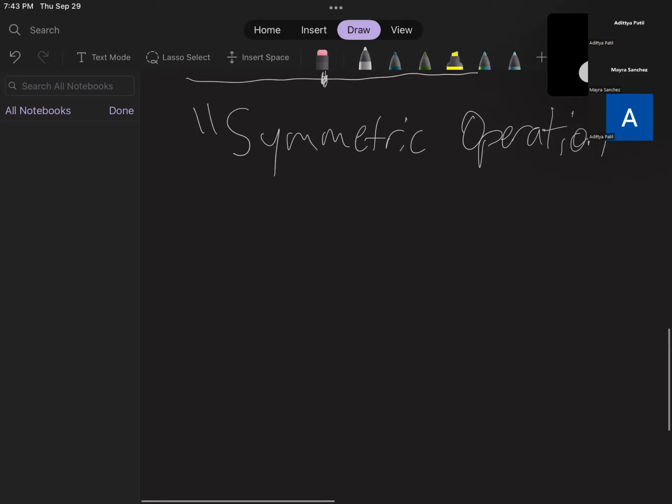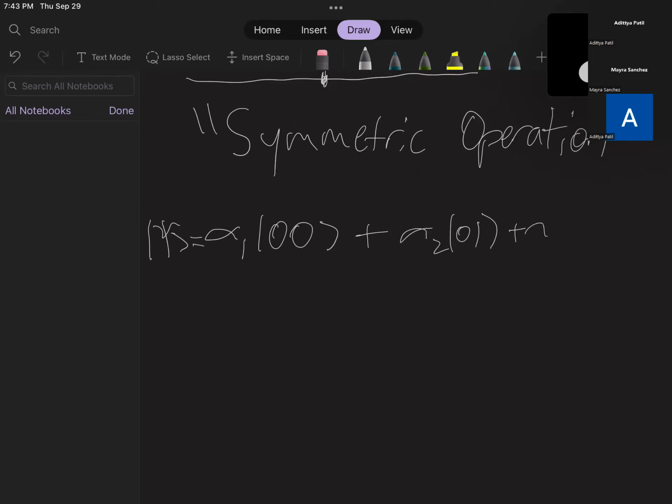What exactly this does is, if we have a qubit state, I'm just going to call this psi. I'm calling everything psi. But if we have a qubit state psi of alpha 1 |00> plus alpha 2 |01> plus alpha 3 |10> plus alpha 4 |11>.